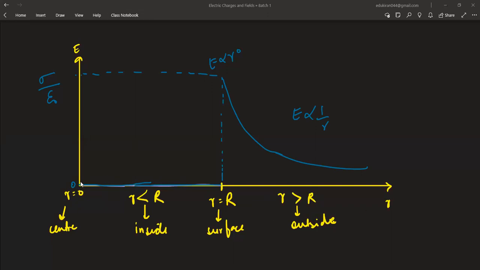So from the center to the surface it's 0, no electric field. E is proportional to r to the power 0, meaning no dependence on r. Inside it is 0. Then at the surface we have the maximum value, sigma by epsilon naught. And then outside it is inversely proportional to r square. Tell me, class, is this clear to all of you?